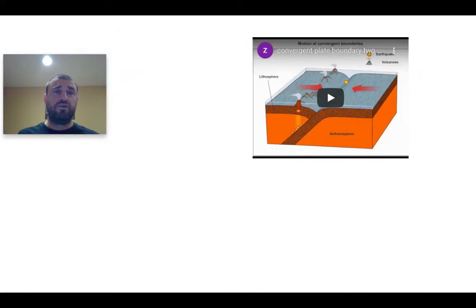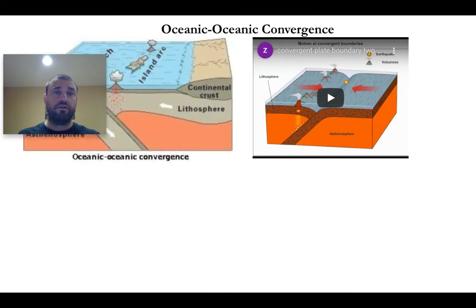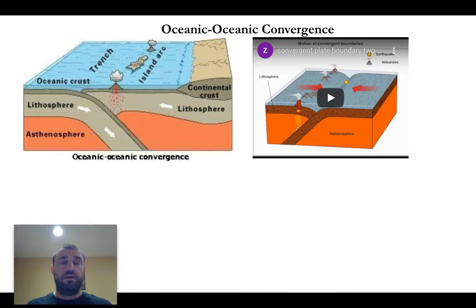All right, the final convergent boundary is if ocean collides with ocean. And since ocean's colliding with ocean, you can only be surrounded by ocean. So you get islands. The denser ocean crust is still going to subduct. So whichever one is subducting is your denser crust.